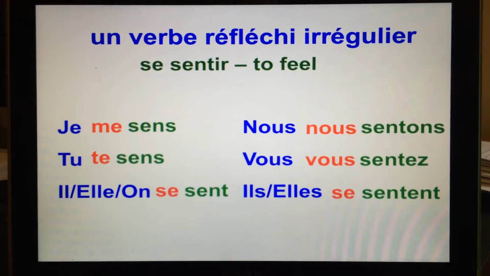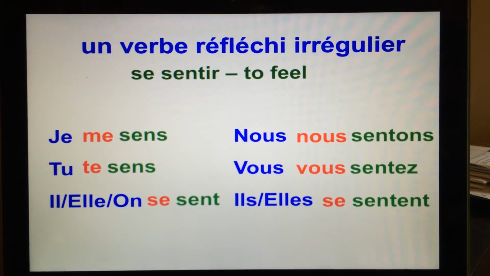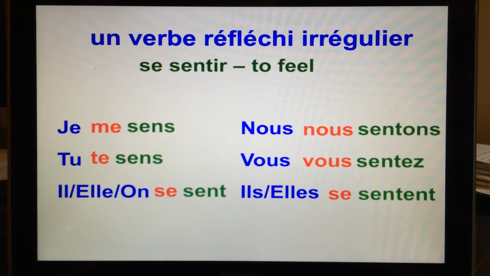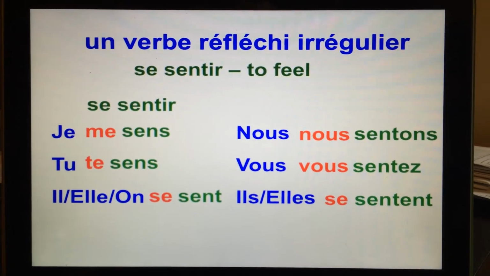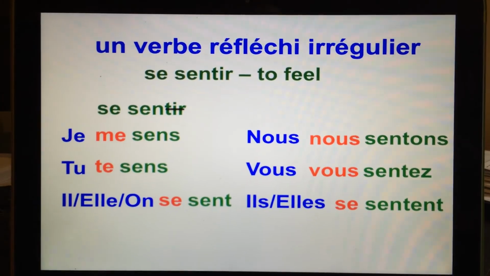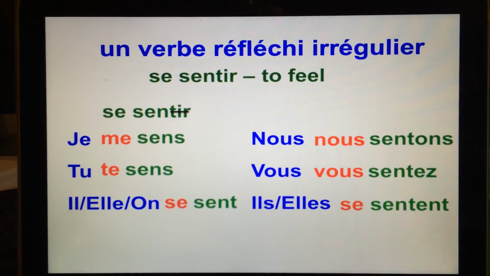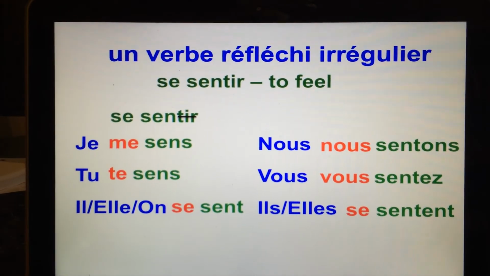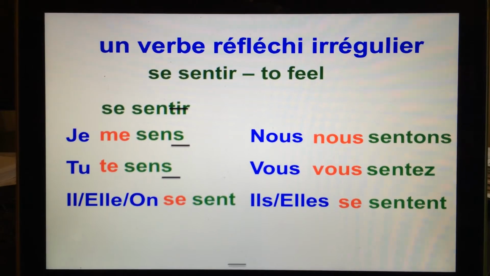Okay? Now, even though se sentir is irregular, there is a little bit of a pattern here that can help us to remember these conjugations. On the left side of our conjugation table, the singular side, if you think about it, we chop off the TIR off the end, and we have this little stem of SEN, and then we add S, S, T, okay?